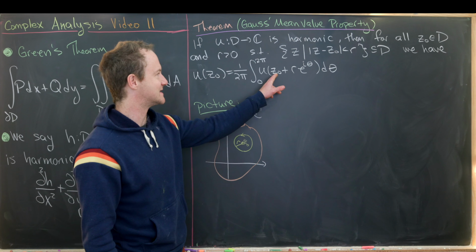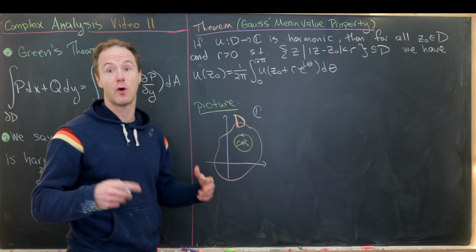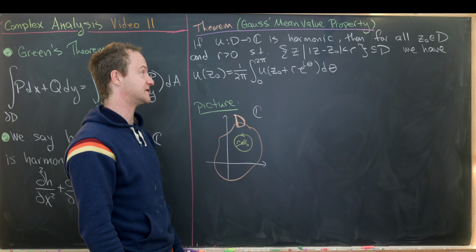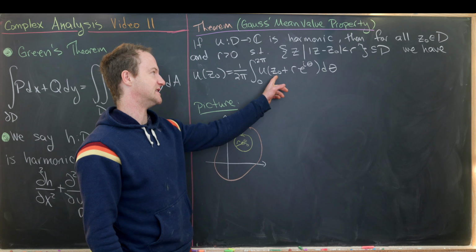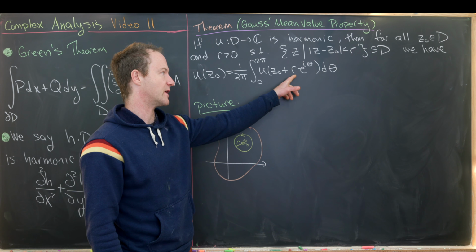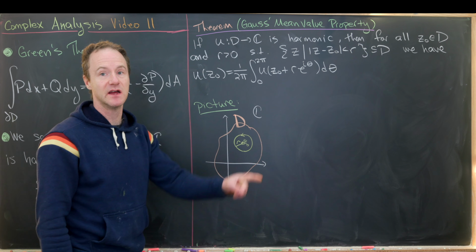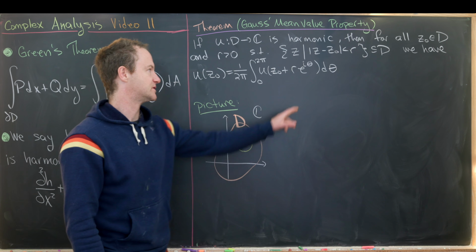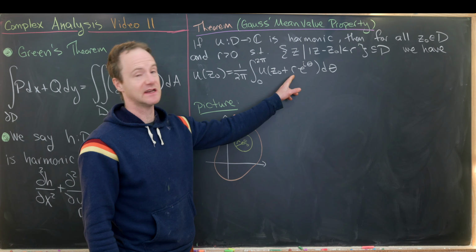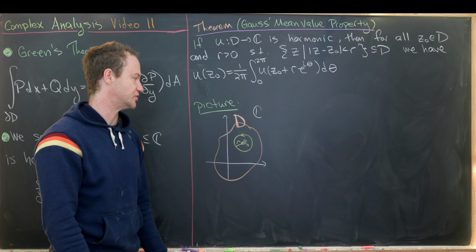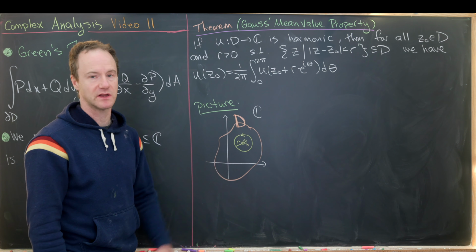We can see that because this is exactly the polar parameterization of such a circle. So z naught will be the center, r will be the radius, and e to the i theta gives you a unit circle. So this is a unit circle extended by r and then shifted over to z naught. That gives us this circle like we just said.